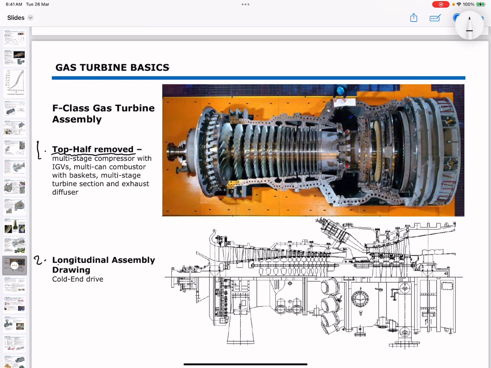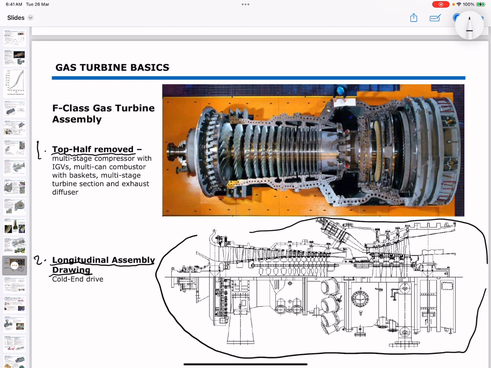The second one is the longitudinal assembly drawing, which is this. On this side, the top half removed reveals the internal parts of the turbine after removing the top section. Imagine this is the turbine; the top section has been removed.